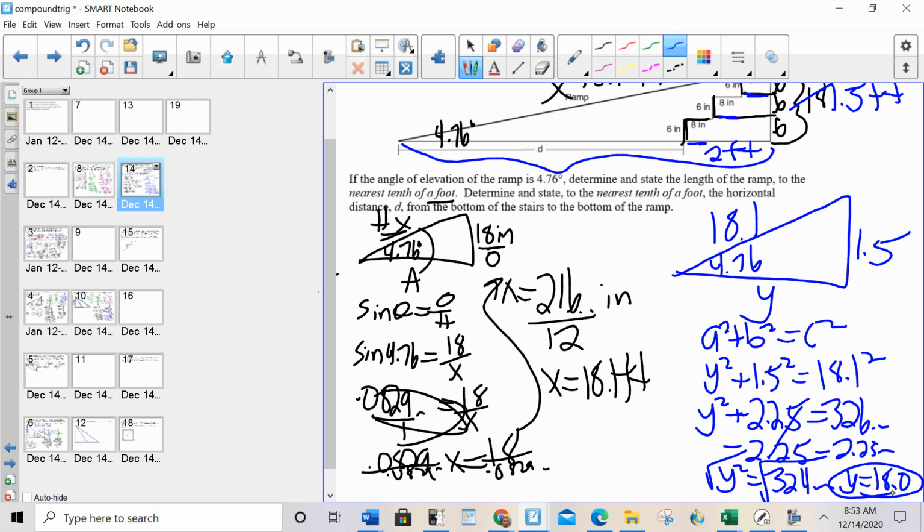If you see a 4-point question, it's going to be 2 steps. The little twist here is you have to deal with these inches and all that. I'm sorry, that's not the correct answer. That's 18.0. Because it wants the distance d, I need to subtract off this 2 feet. So the 18.0 minus 2 is 16.0. And that's your final answer.